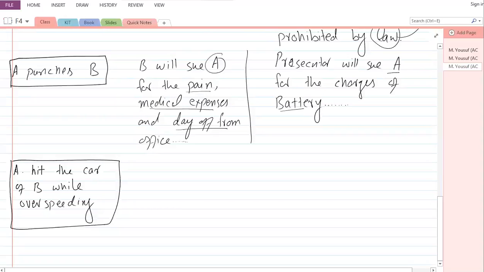A has hit B's car with his car and A was overspeeding.